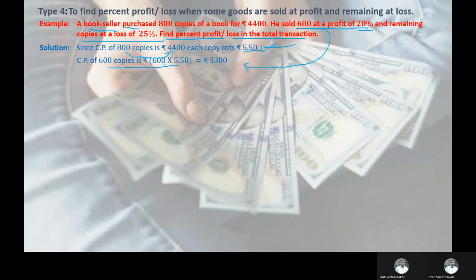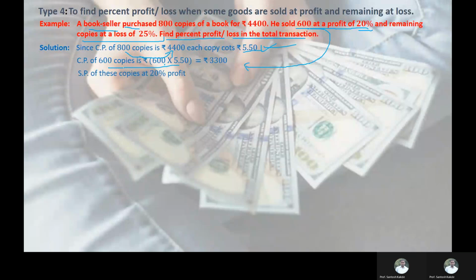Multiplying all these quantities, we get the answer 3,300 rupees as the cost price of the 600 copies. We divide the 4,400 rupees because some part is in loss and some part is in profit.